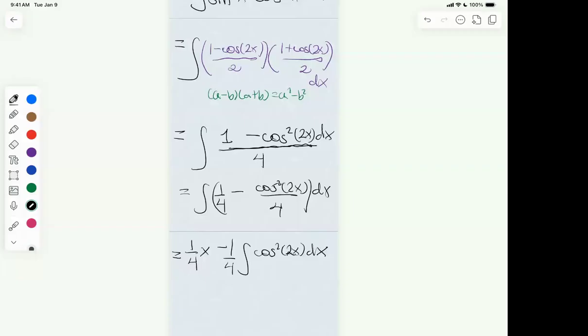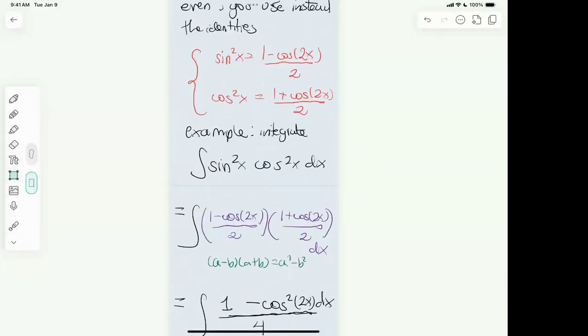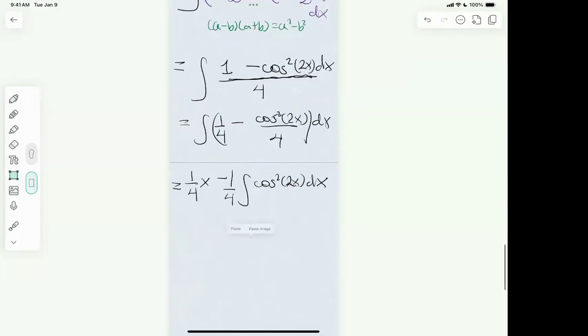For this one, you apply the same identity again. It's a bit recursive if you think about it. If you go back to the identity for cosine square of x, the way to think about it is that it works for any value of x.